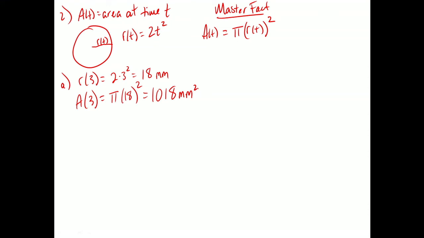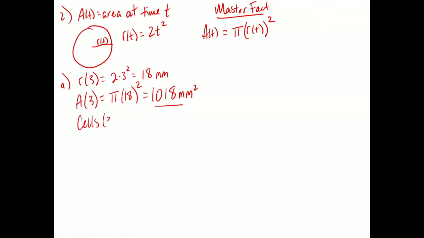Now, the last part of this part says, if one single bacteria cell needs 8 square millimeters of space to live in, then about how many cells do you have after day 3? So you have to use a little bit of critical reading here. This is how much space you have after day 3, and each cell needs 8 square units of space to live in.